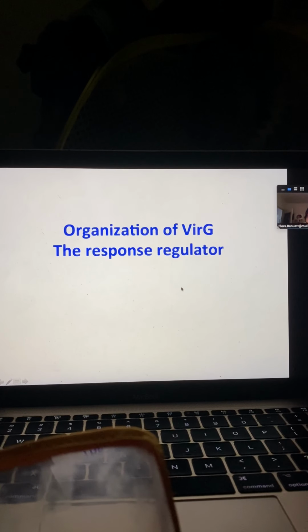So VirG is the one that activates transcription of these genes or operons. VirG has two domains. One is the receiver domain, and the other one is a DNA binding domain.